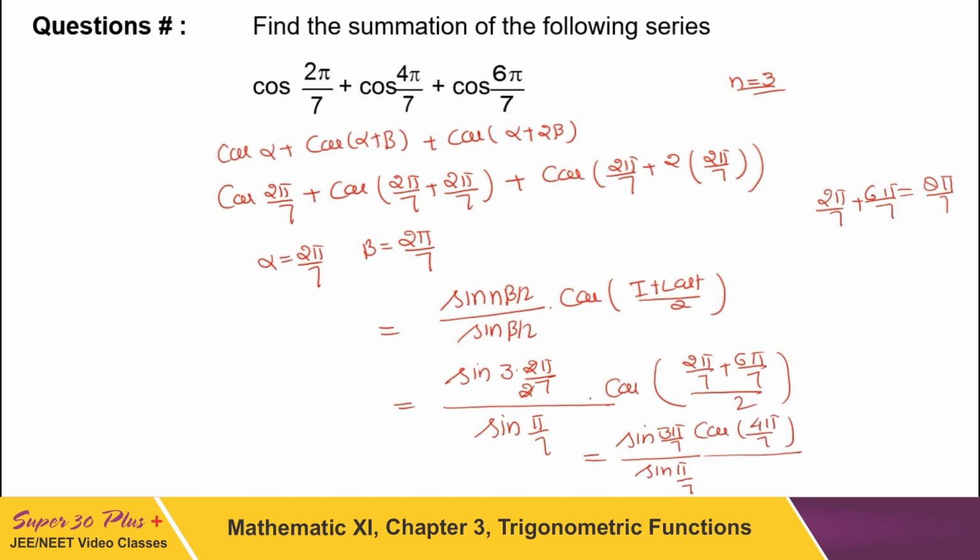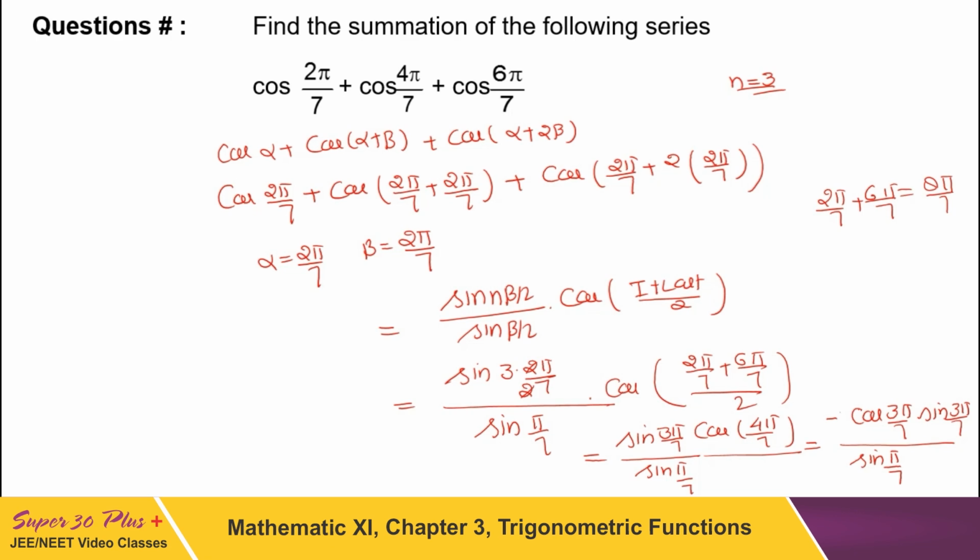Now how can we simplify it? Cos 4 pi by 7 can be written as minus cos 3 pi by 7. It will become minus cos 3 pi by 7 into sine 3 pi by 7 whole upon sine pi by 7. Now simplify cos 3 pi by 7 into sine 3 pi by 7.